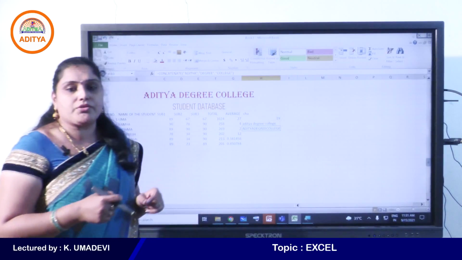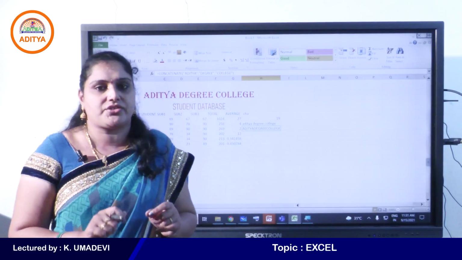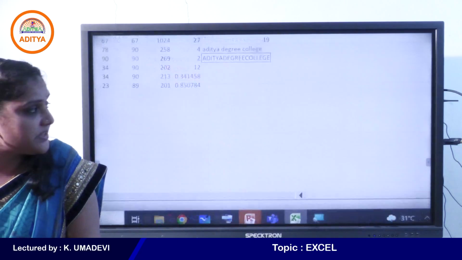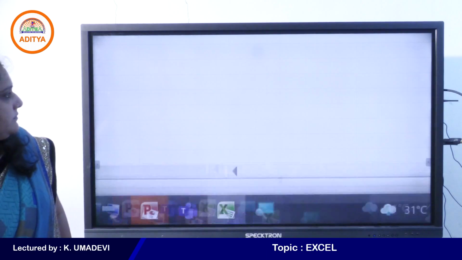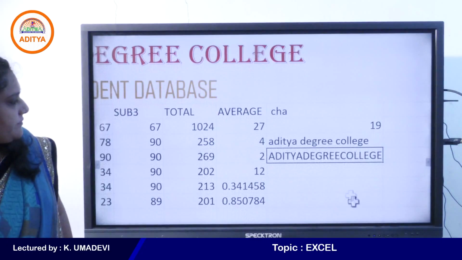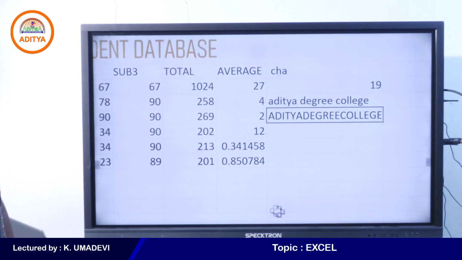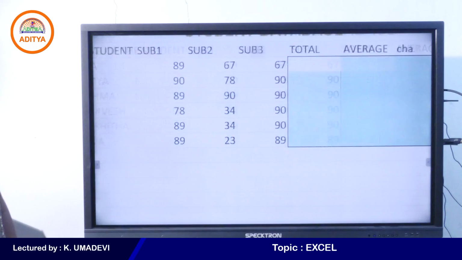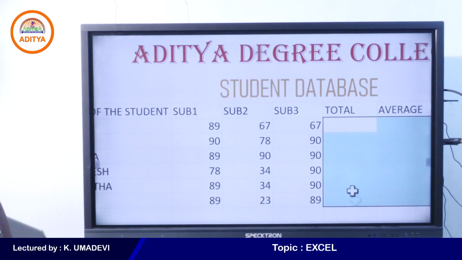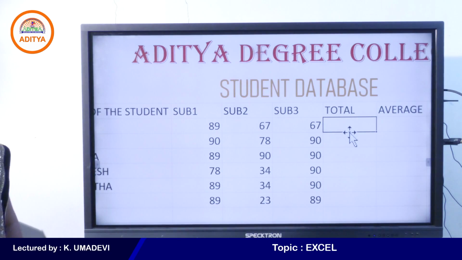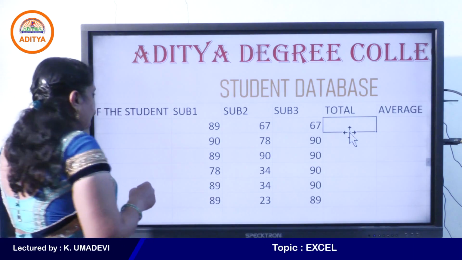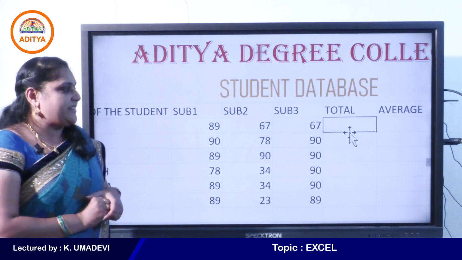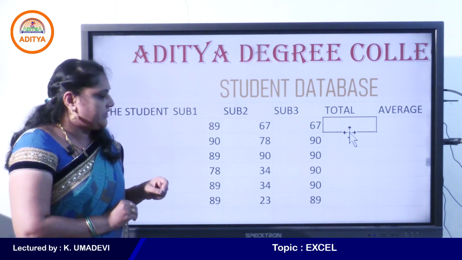I will show you how to use conditions in AND function, students. Okay? Observe carefully. I will zoom the screen. I will just clear all the data. For example, here I want to check subject 1, subject 2 and subject 3 marks. Based on these marks, I would like to return either true or false.